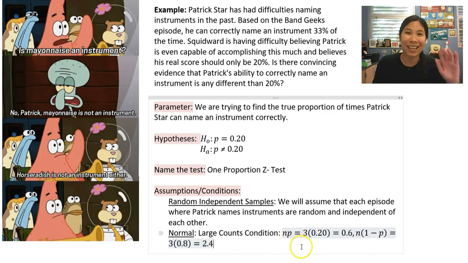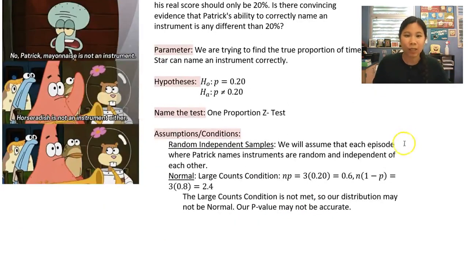Okay, let's say this was the case. So if you ever get n times p or n times 1 minus p for both of those not to work, or for either one of those to not work, we want to say something just acknowledging that we know this failed. So we will say the large counts condition is not met, so our distribution may not be normal.